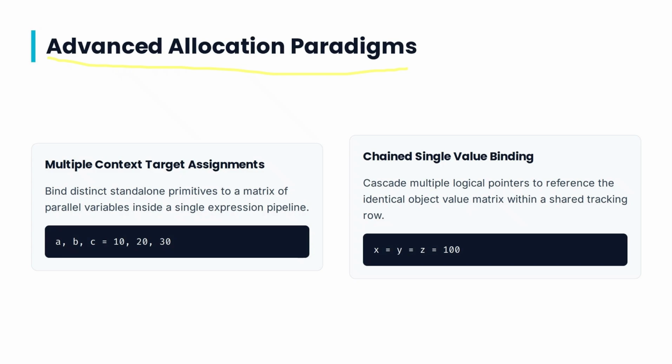In this, 10 is stored in a, 20 is stored in b, and 30 is stored in c. It gets stored serially. Bind distinct random primitives to a matrix of parallel variables inside a single expression pipeline. This forms a pipeline in which data are stored in a parallel way.